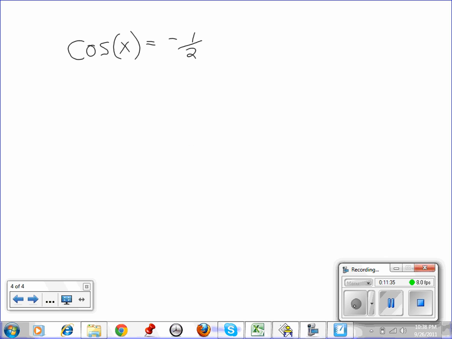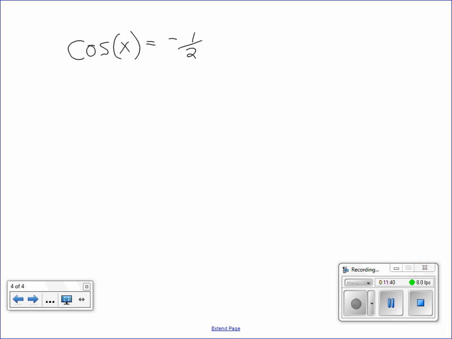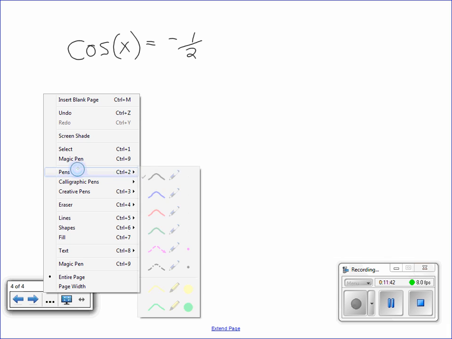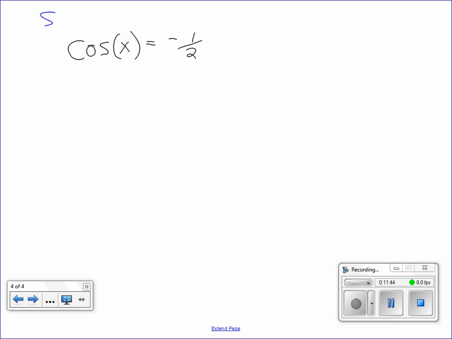In doing calculus, you might be forced to solve this particular trig equation. I want to remind you that there's two angle x's that would solve this, right?